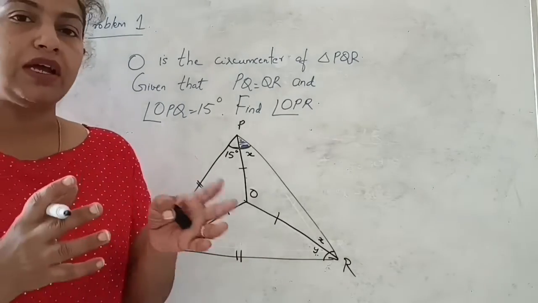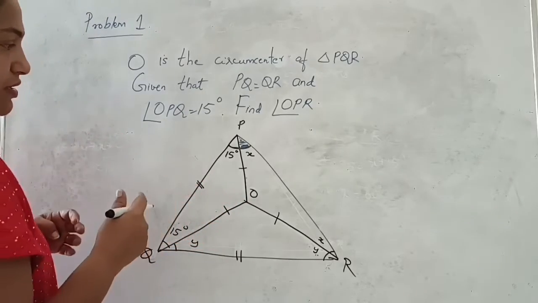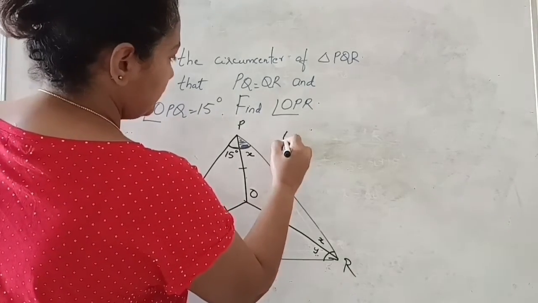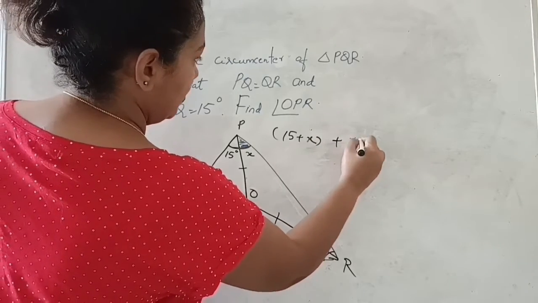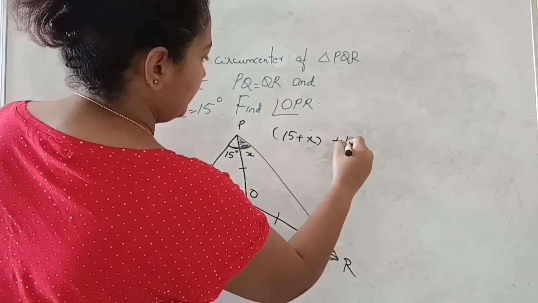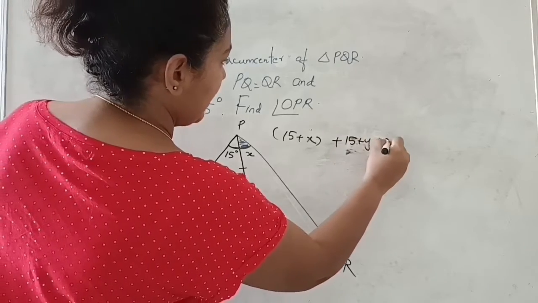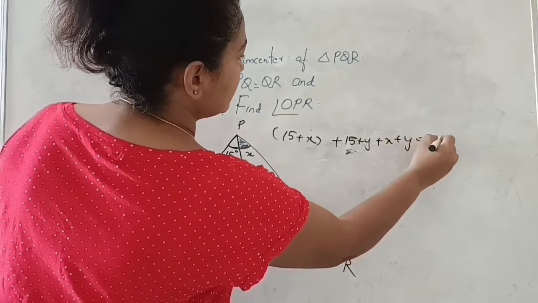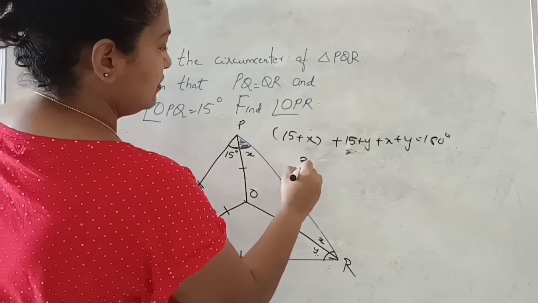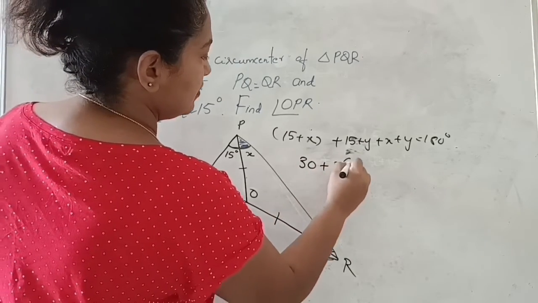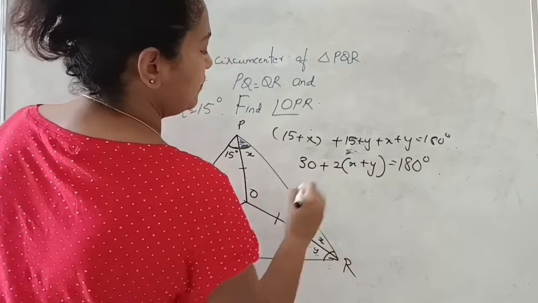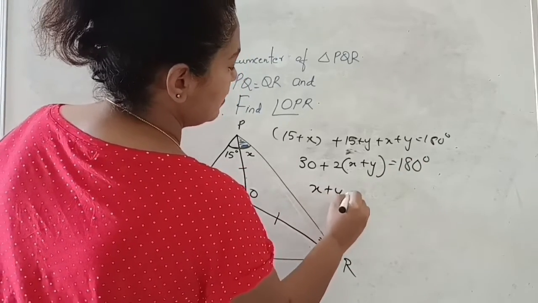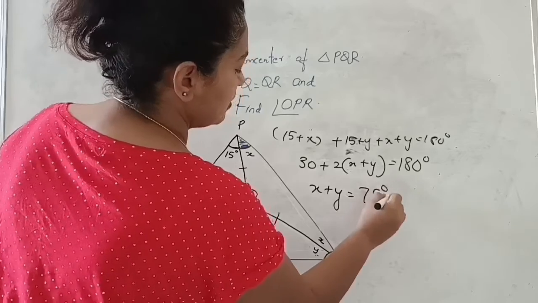Now I know that the sum of the angles of a triangle is equal to 180 degrees. So angle P plus angle Q plus angle R is equal to 180, or x plus y is equal to 75 degrees.